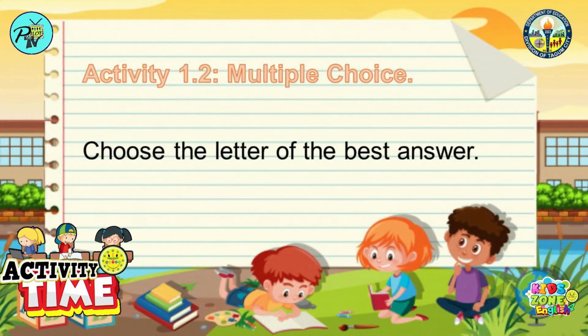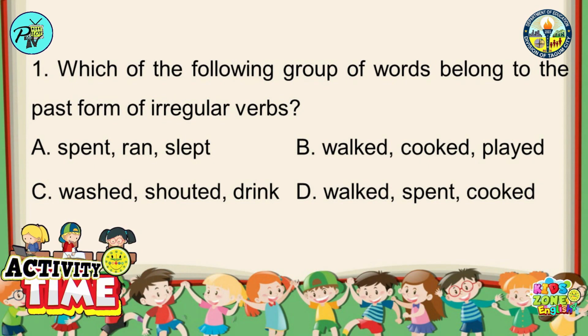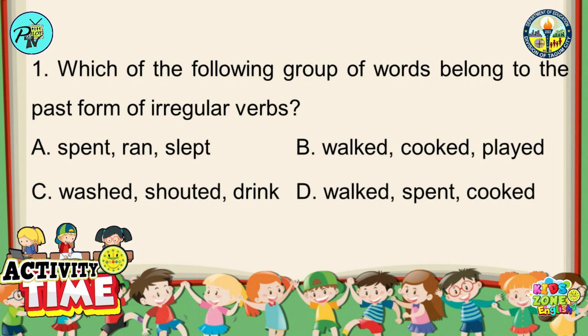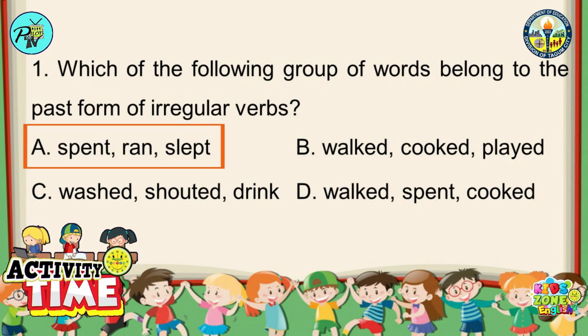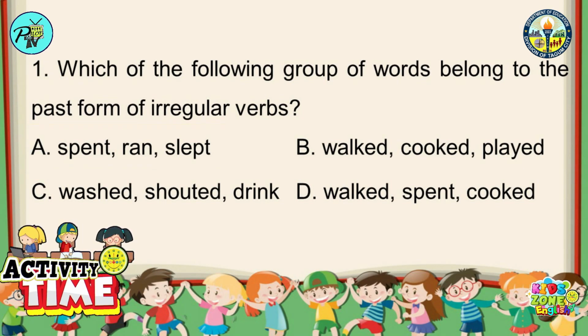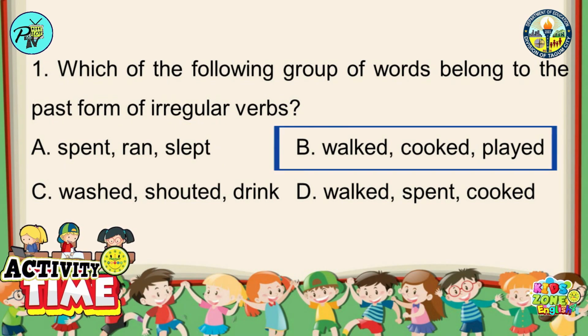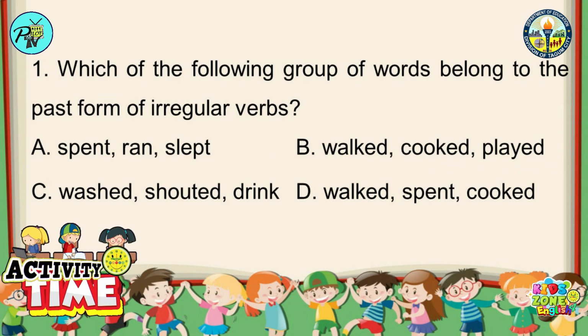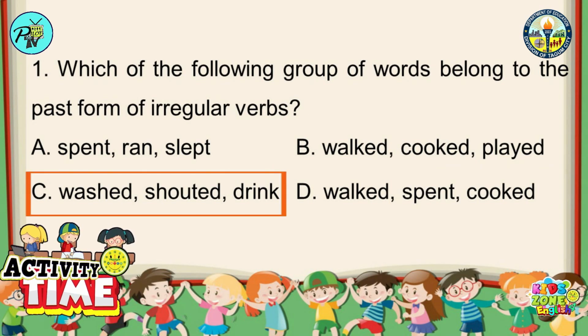Choose the letter of the best answer. Number 1. Which of the following group of words belong to the past form of irregular verbs? A. Spent, run, slept. B. Walk, cook, played. C. Washed, shouted, drink.